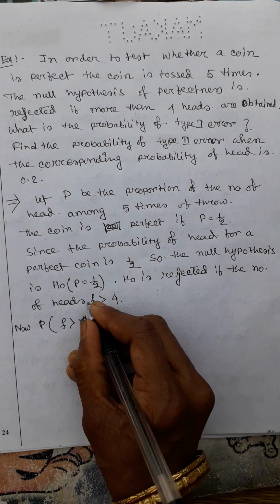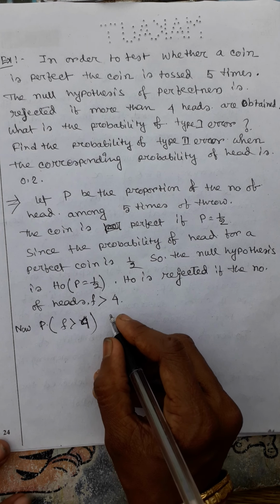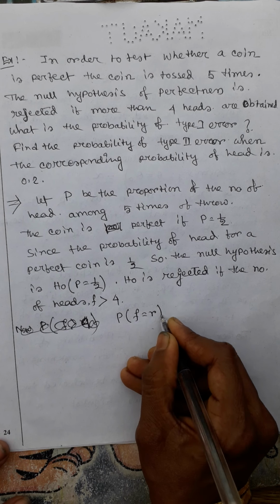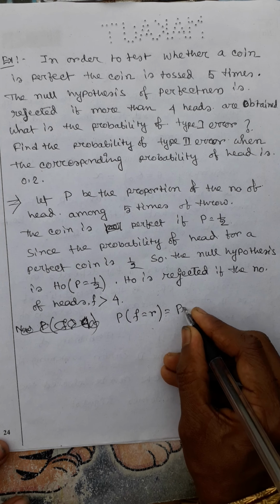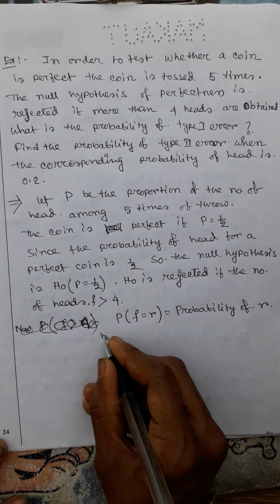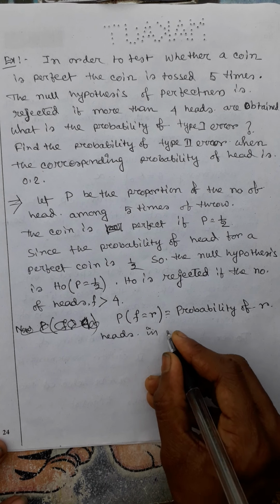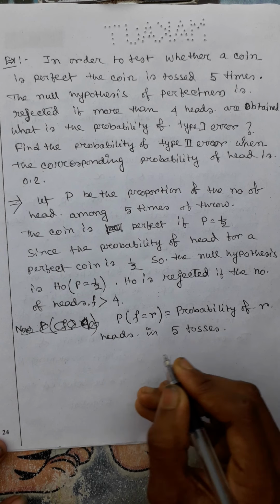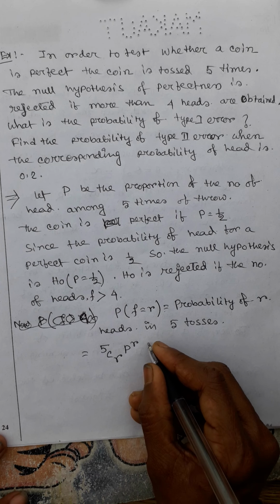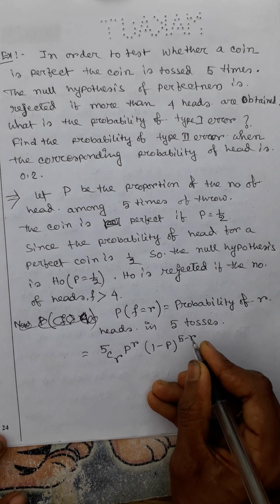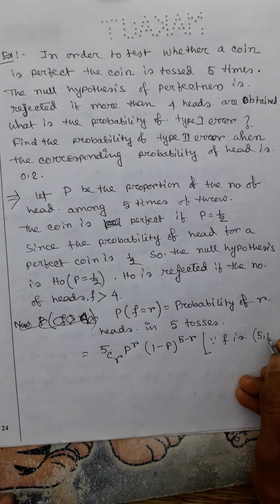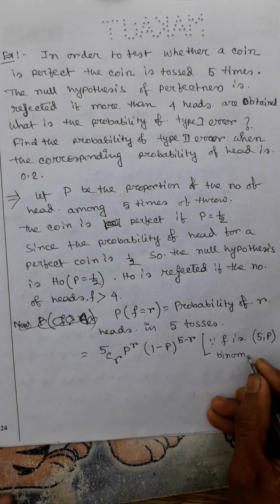Now the probability of X equals r is the probability of r heads in 5 tosses, that is equal to 5Cr P to the power r into 1 minus P to the power of 5 minus r. Here X is a binomial variate.